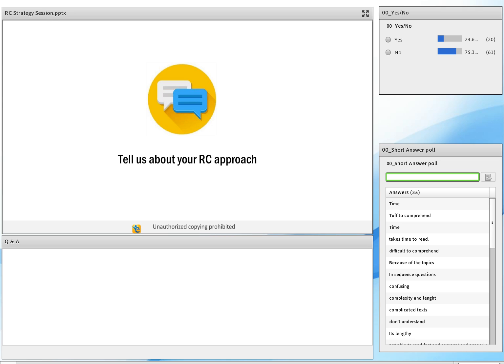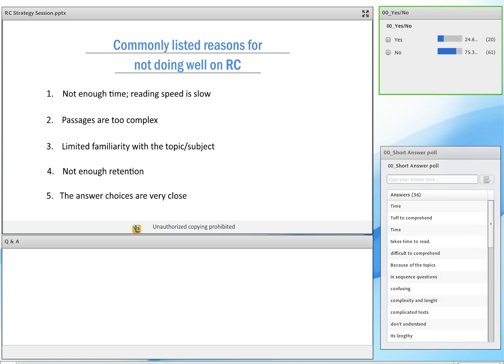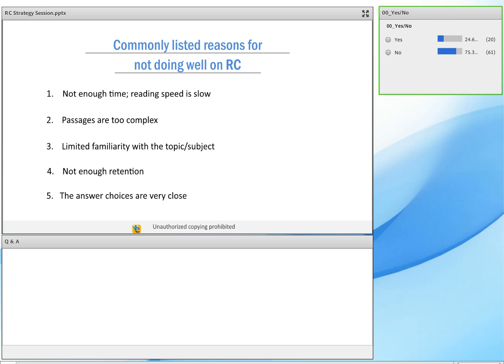All right. Okay, so now that I have understood why you don't like RC, let's put some more concrete reasons around it. So tell me which one of these, and again, this is really a follow-up question to what I asked you earlier, and I'm going to get you the poll here.